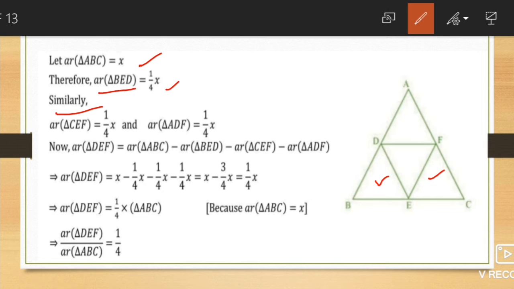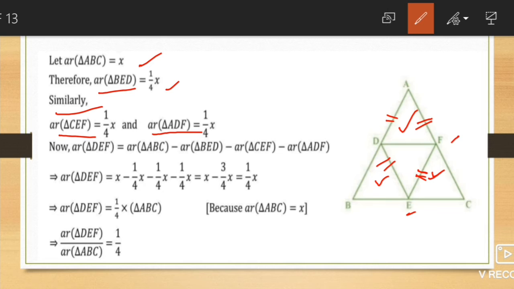In the previous slide I have proved that this one is parallel to this one. Now E and F are also the midpoints of BC and AC. If you again use the midpoint theorem, you can say that EF is parallel to AB and EF will be half of AB. In this way this one will be 1/4 of x, and also you can prove that this one is 1/4 of x.